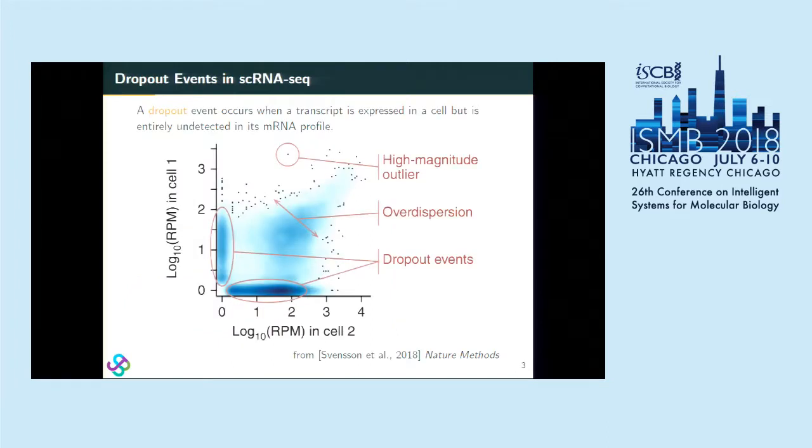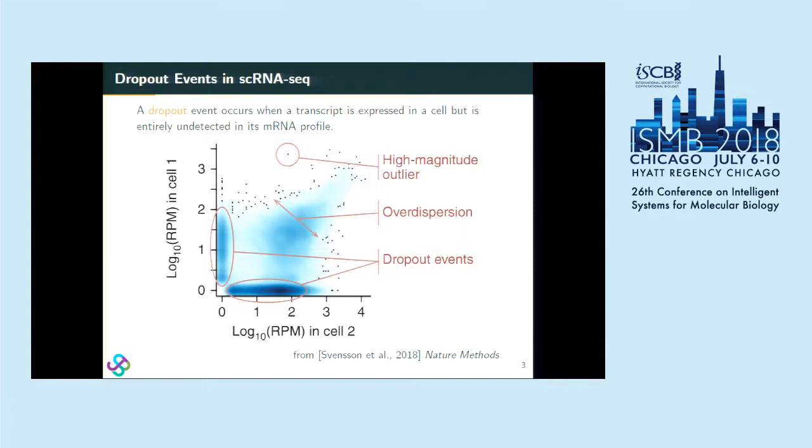However, this high resolution also comes at a price. If we randomly select two cells in the same population and plot the gene expression profiles in the two cells, we should expect to see a very strong correlation. But usually in single-cell data, we will see that many genes that have moderate to high expression in one cell would have exactly zero count in the other cell.